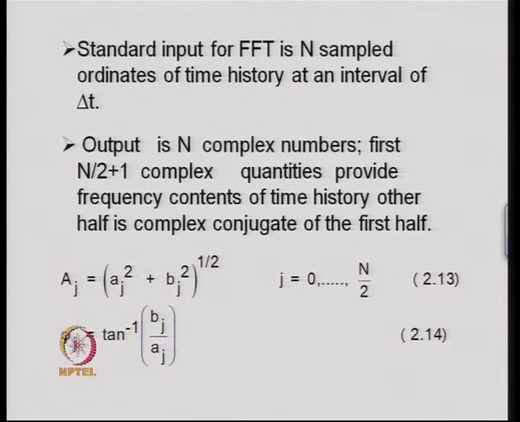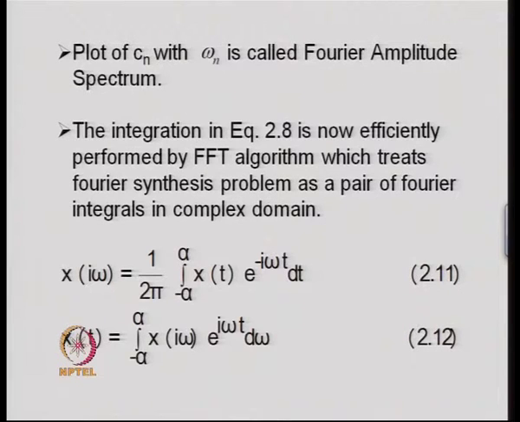Once these n sampled values of the ordinates are provided to the FFT algorithm, the FFT algorithm gives back n ordinates. Each ordinate is a complex quantity in the form of Aj plus i Bj, where B is the imaginary part and A is the real part, and this provides what is called X(i omega) in equation 2.11.